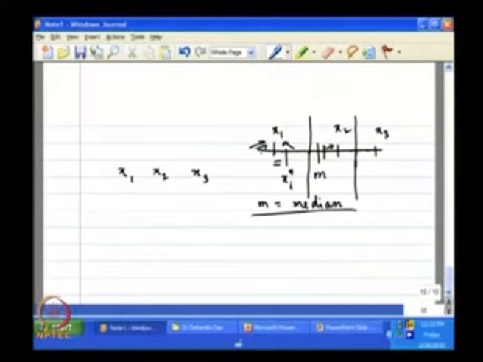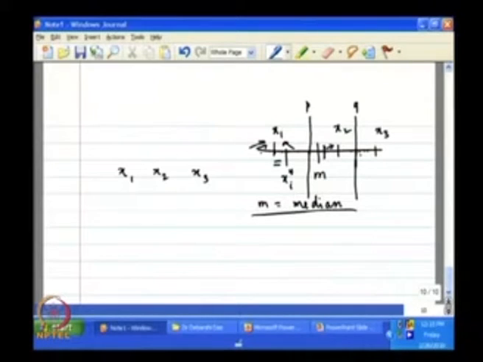Suppose this point is P and this point is Q. Before Q and after P, the voters will vote for x2, and after Q, every voter will vote for candidate 3. That we can figure out, because all these points are closer to x3 than to x2.